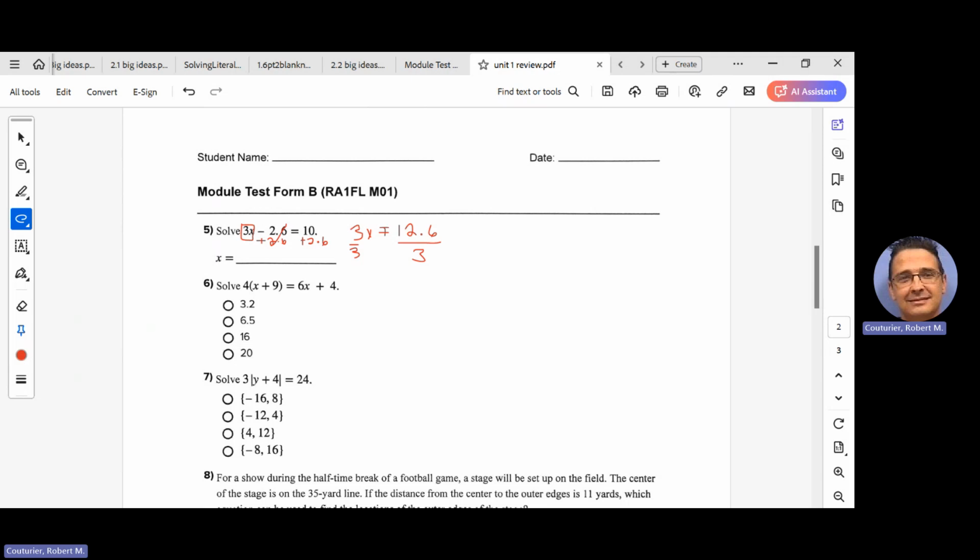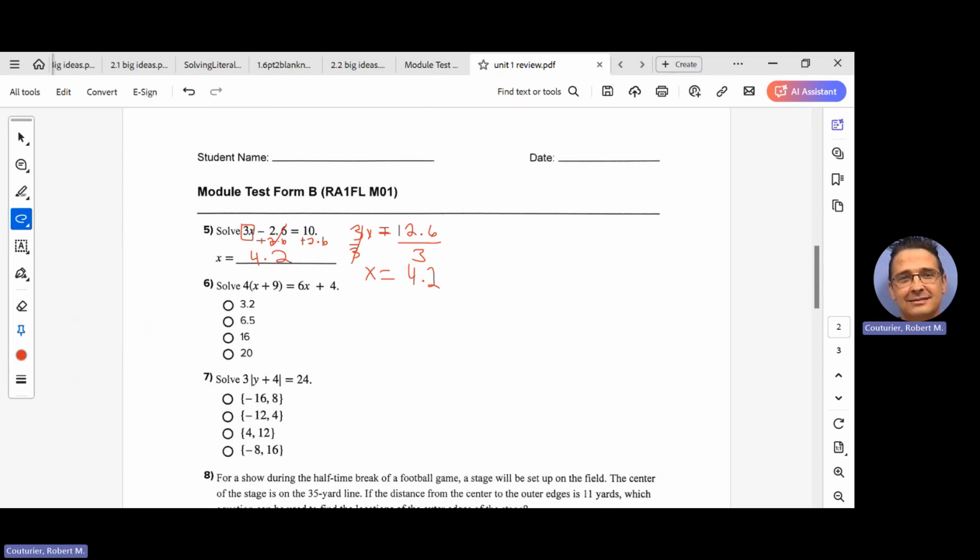Oh, that's supposed to be an equal sign. So you have 12.6, use a calculator, divided by 3, gives us 4.2. And this is a direct input, so we would have to actually type 4.2.